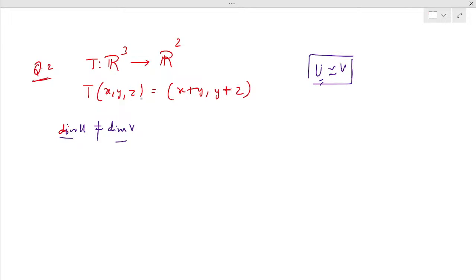If I assume this is an isomorphism, then their dimensions should be equal, which is not the case. This is just the first thing that you can see directly. And if you don't want to see this, let us take some counter example. Let us prove that T is not 1, 1.